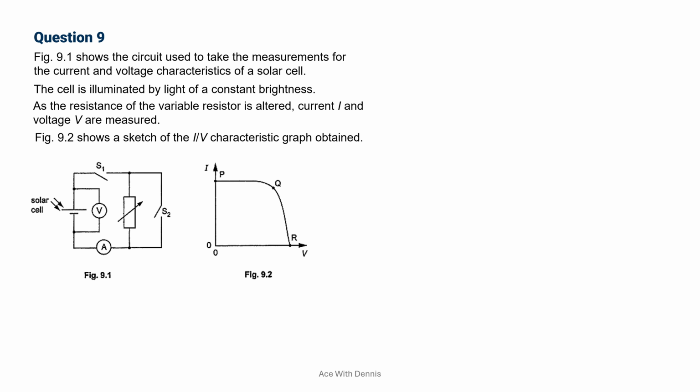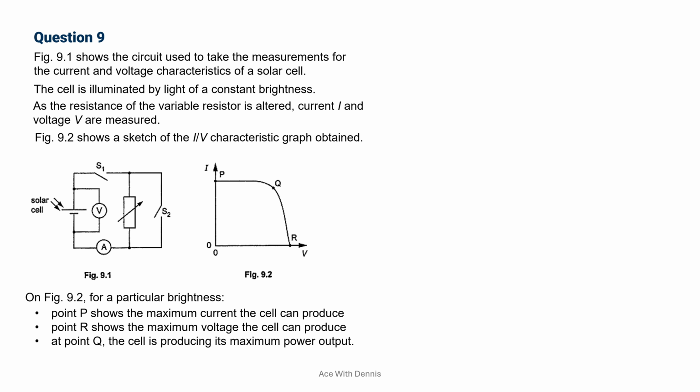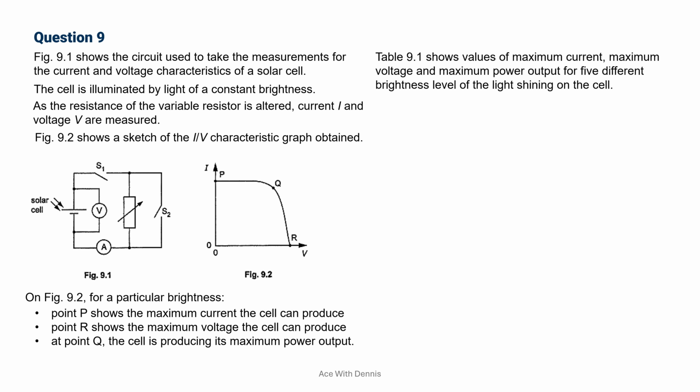Figure 9.2 shows a sketch of the I-V characteristic graph obtained. On figure 9.2, for a particular brightness, point P shows the maximum current the cell can produce. Point R shows the maximum voltage the cell can produce. At point Q, the cell is producing its maximum power output.